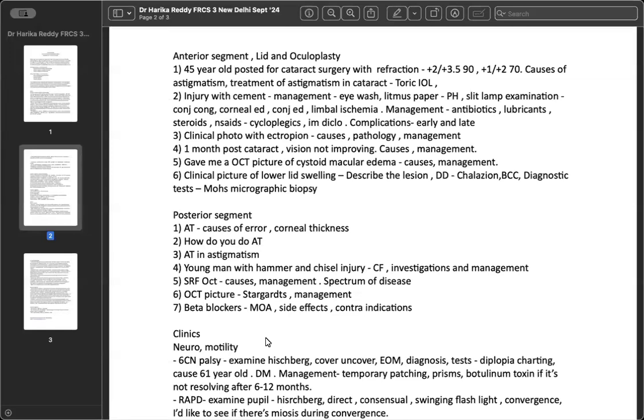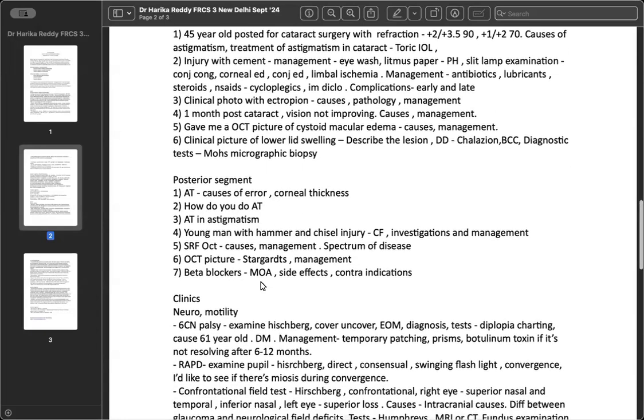I told all the 6 common ones like prostaglandins, beta blockers, alpha agonists, carbonic anhydrase inhibitors, and so on. They asked me the name of each one, and for beta blockers they asked me the mechanism of action, side effects, and contraindications. In this, I actually had a little bit of time left.